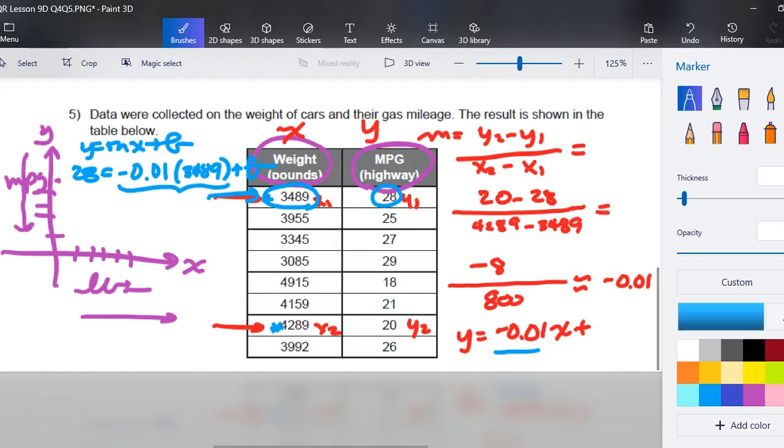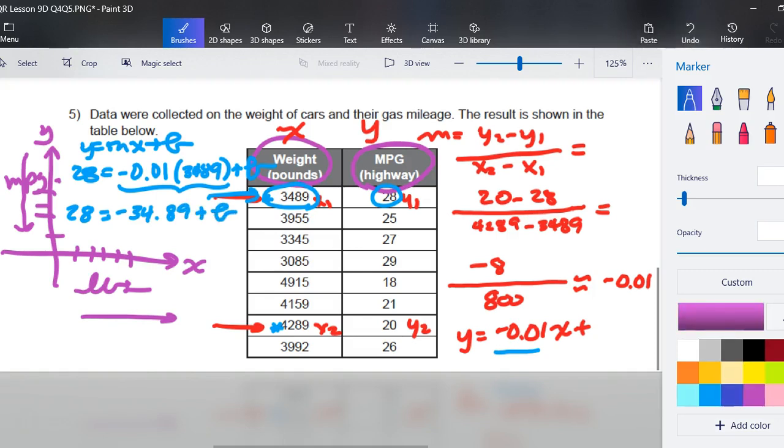We're going to multiply these two together, and I'm going to have 28 equals, so let's take 0.01 times 3489, and again, either take care of the integers or the signs in your brain or on the calculator, but this is a negative 34 and 89 hundredths plus b.